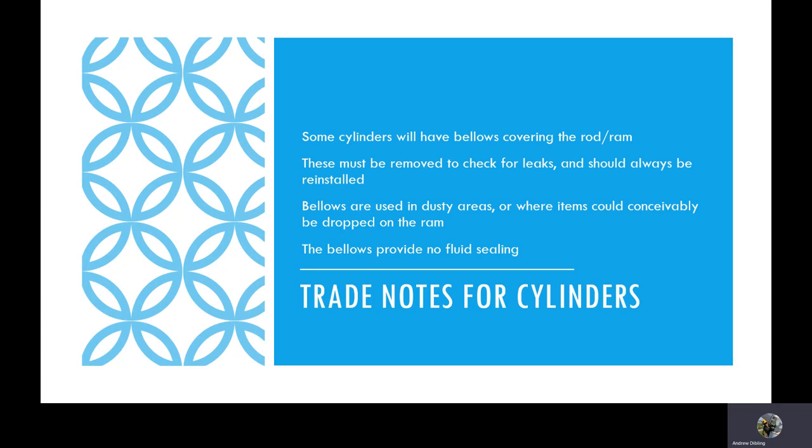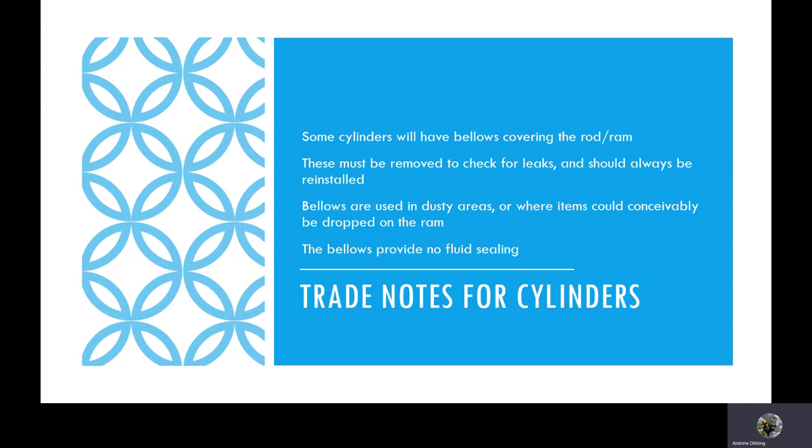You must remove these to check for leaks, and the reason is you'll get a crack in one of the bellows, and water and dirt will get in, and it's trapped inside there, and it will sit up against the seal, because as the cylinder strokes in and out, it will wipe it down to one end or the other, and it will start to corrode the cylinder ram or rod at that particular point.